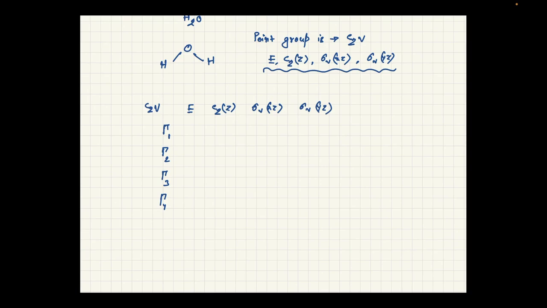The character of the identity element defines the dimension of the basis. If the character of the identity element is 1, then your basis is 1 dimensional, that means you choose one basis function. If the character of the identity element is 2, then the dimension of your basis is 2.